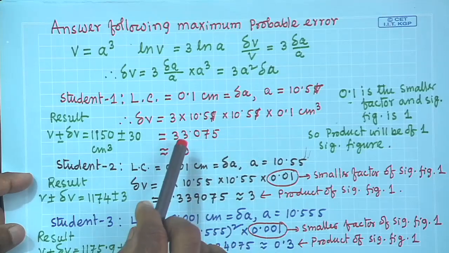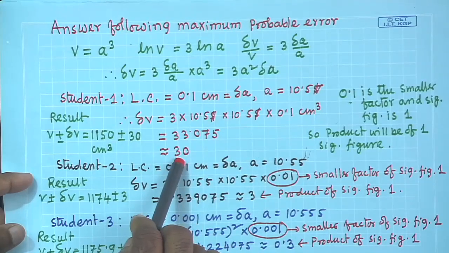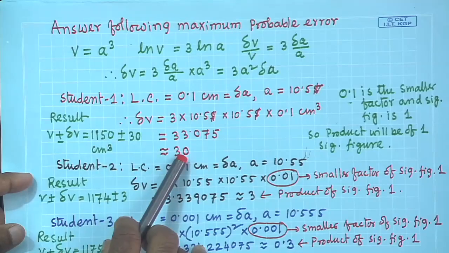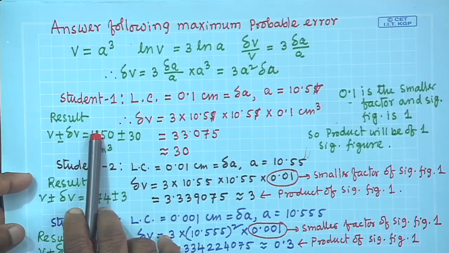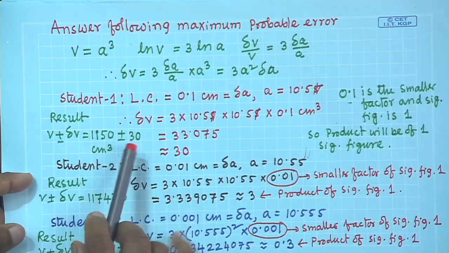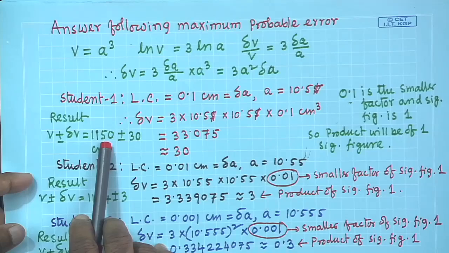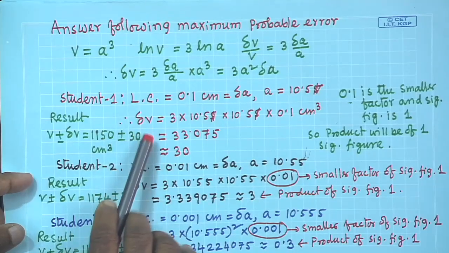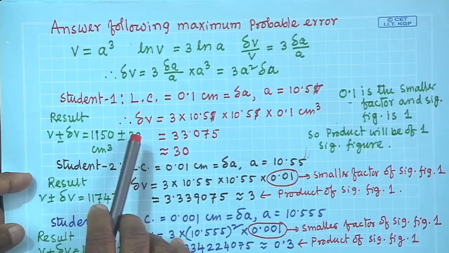So, now this we are writing 3, the reason is that the error, whatever your result, this rule is that the order of the last significant figure, whatever the order of the last significant figure is, okay, the error also has to be of the same order.